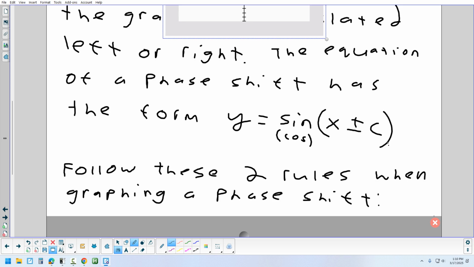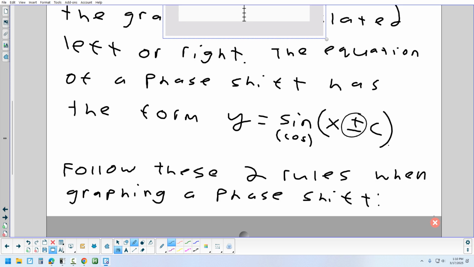Whenever we're looking at transformations, there are 2 things we look at. First, what kind of arithmetic is it? Is it adding or subtracting, or is it multiplying? If it's adding or subtracting, it's a shift. If it's multiplying, it's going to be a stretch. The second thing we look at is where you are doing it.